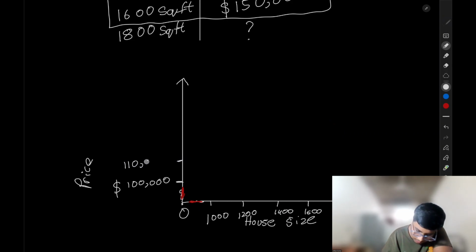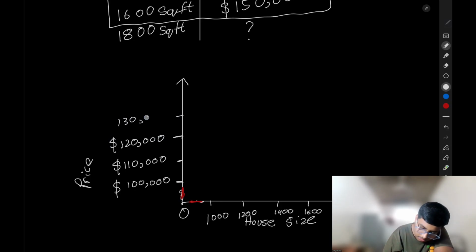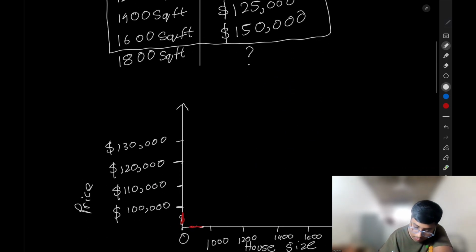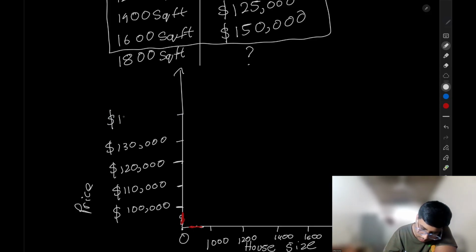110,000 dollars. It is a very easy topic. 130,000 dollars. Let's say the price has gone to $150,000, so we have to increase the size of the y-axis. Sorry for the delay. 140,000, 150,000.